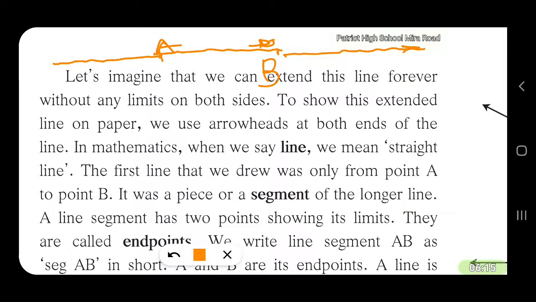We cannot go on extending because paper size is limited. So in order to show that it is very long, we make use of arrowheads like this. That means the line can be extended further up to infinity without any end. So in order to represent a line, we make use of arrowheads.